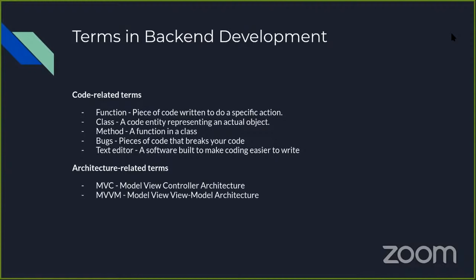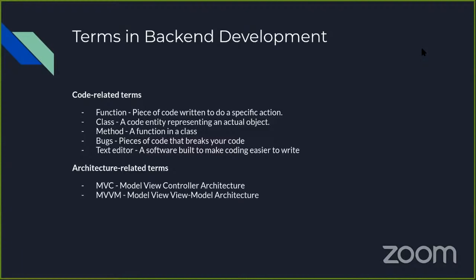Bugs. Bugs are pieces of code that break your code. They are basically things that cause irregularities within your code, usually pieces of code as well. A text editor is software that is built specifically for writing software programs.